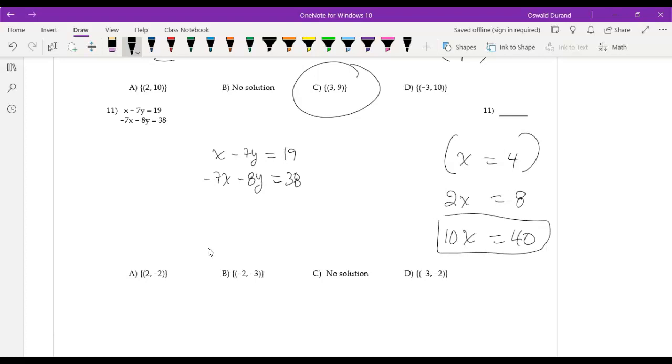Because if I multiply the first one by 10, I get 10x equal to 40. And I know these two are equivalent. So I can do the same thing here with the system of equations.